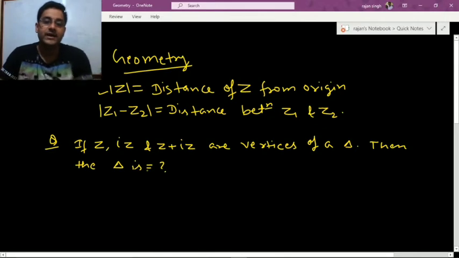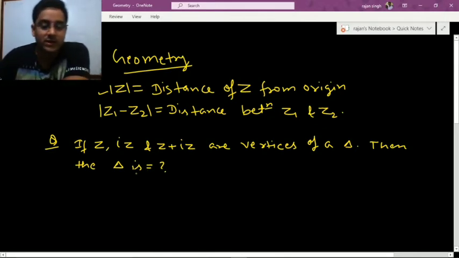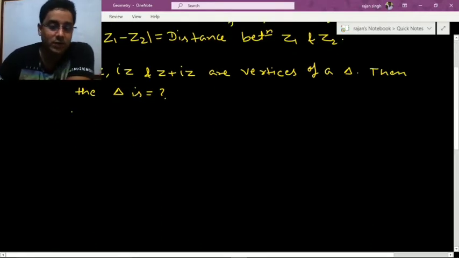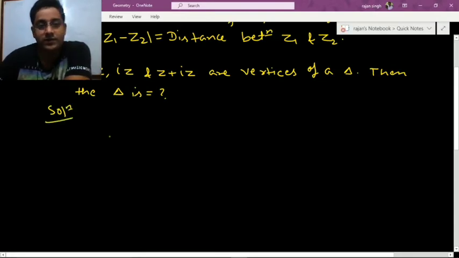What they are asking is which triangle it is, whether it's an equilateral triangle or a right angle triangle or anything else. Basically, we are seeing an application, a question based on mod of z1 minus z2, the distance between two complex numbers.